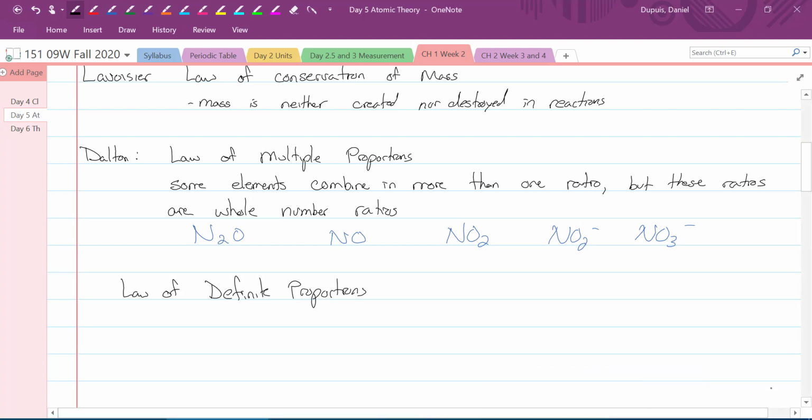And the law of definite proportion states that any given compound, right, always contains the same elements in the exact same proportions by mass.